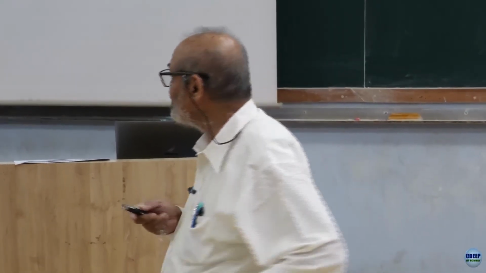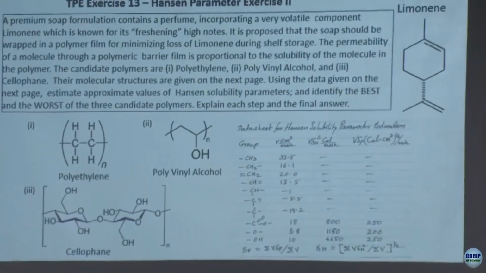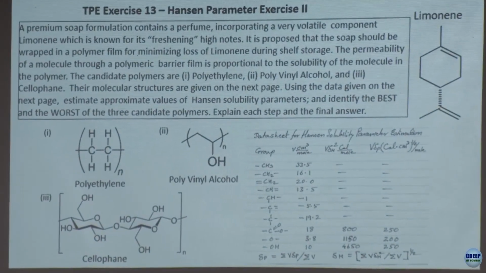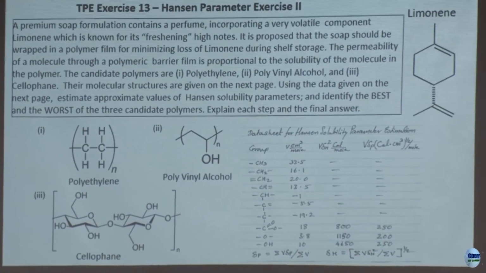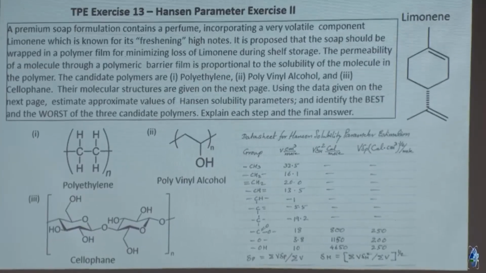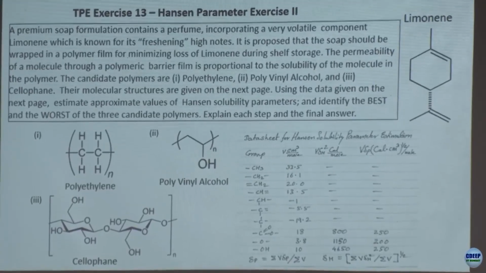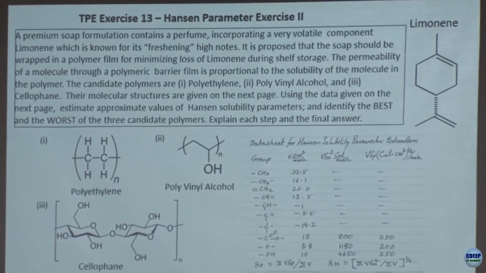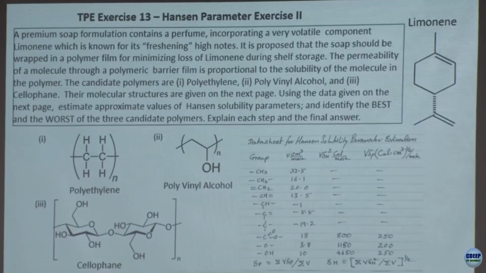Okay. So this is another interesting problem which is about packaging material. Okay. Limonene, last time I mentioned to you, it's one of the fragrance molecules which gives you that initial sharp note which actually contributes to freshness. So soaps like Liril have limonene.